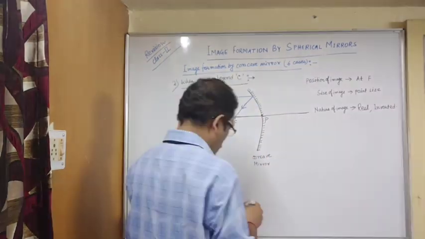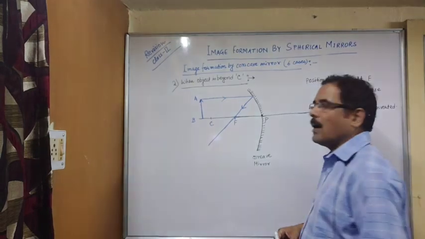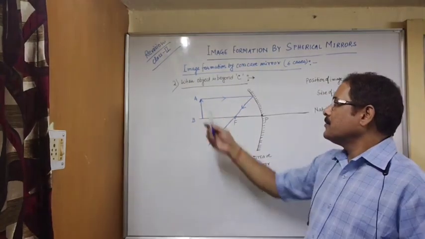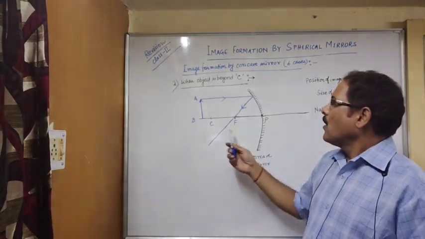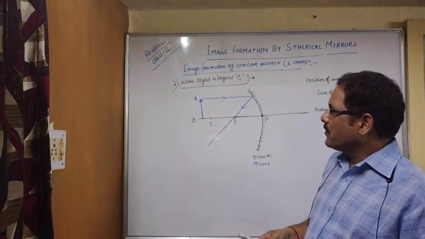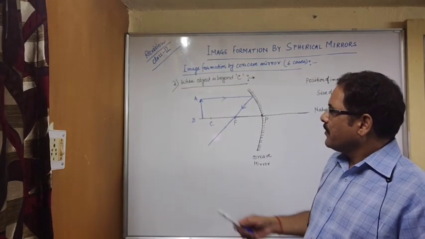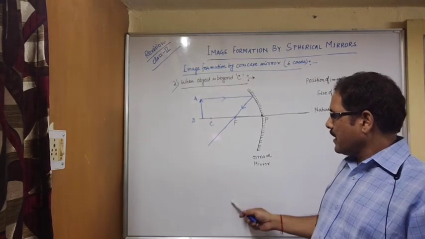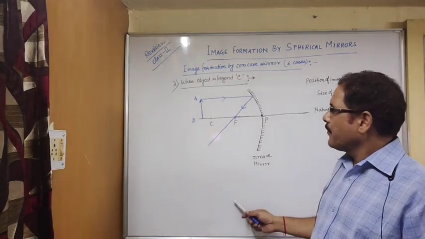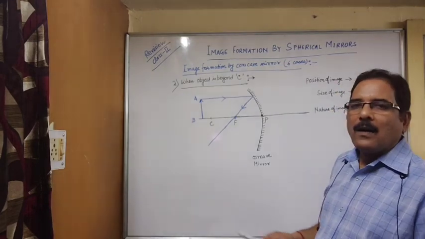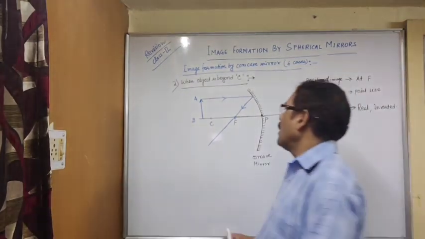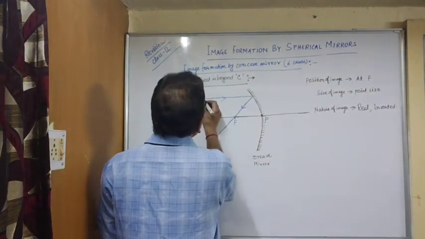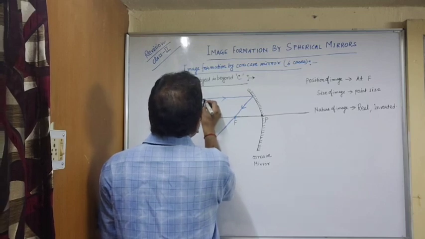Now according to rule, either we can take the ray through principal focus or we can take the ray through center of curvature. If you take the ray through center of curvature, then you have to extend the mirror up to this length. So better you take another ray through principal focus.